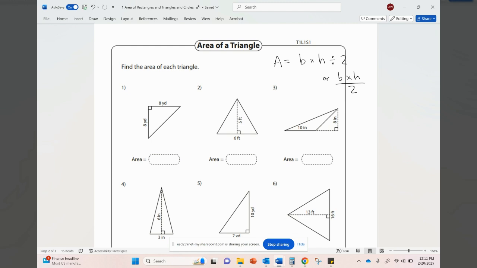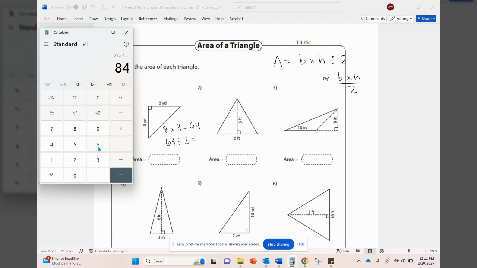So the height on number one is 8. The base, I will call this, is 8. So 8 times 8 is 64. And then we got to divide by 2. That's our extra step. So 64 divided by 2 is, let's get out a calculator, 64 divided by 2 equals 32.